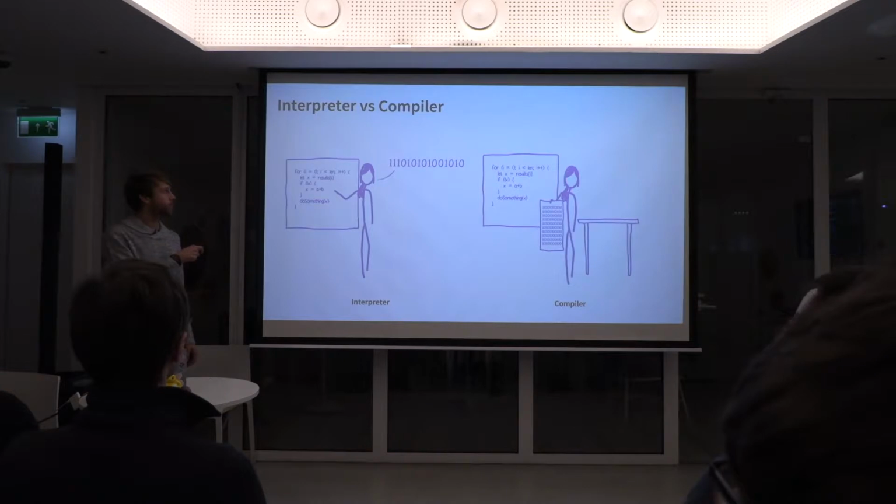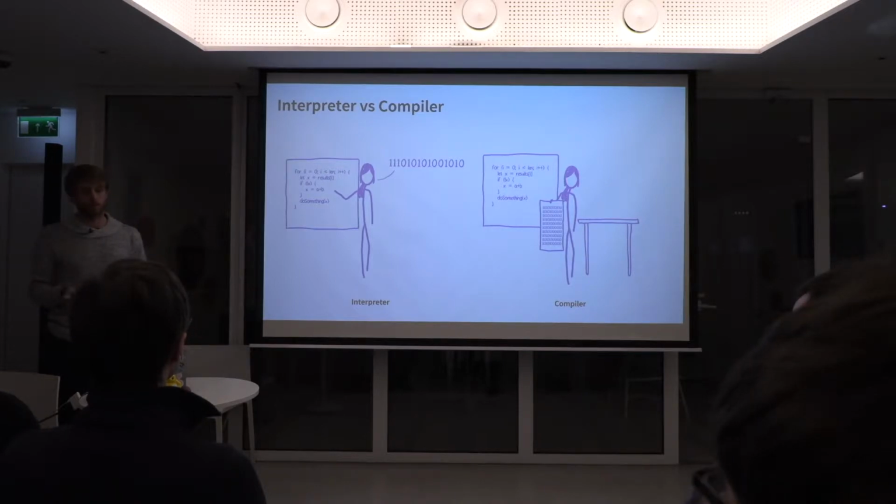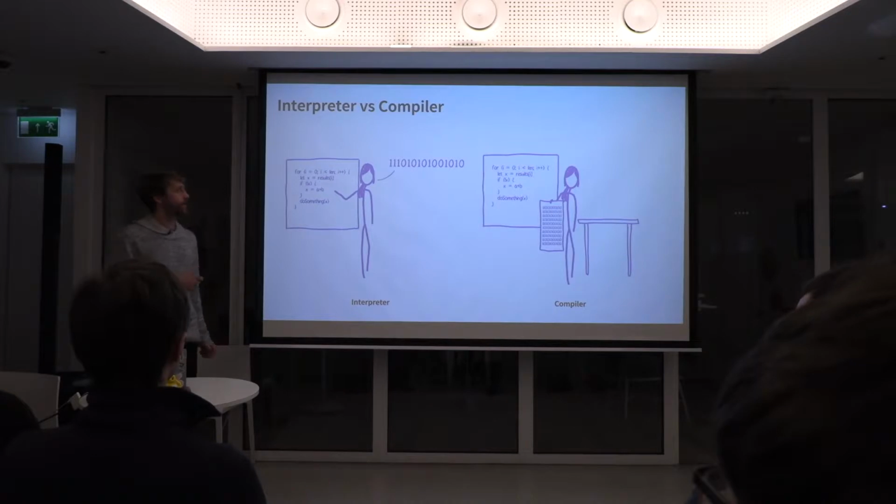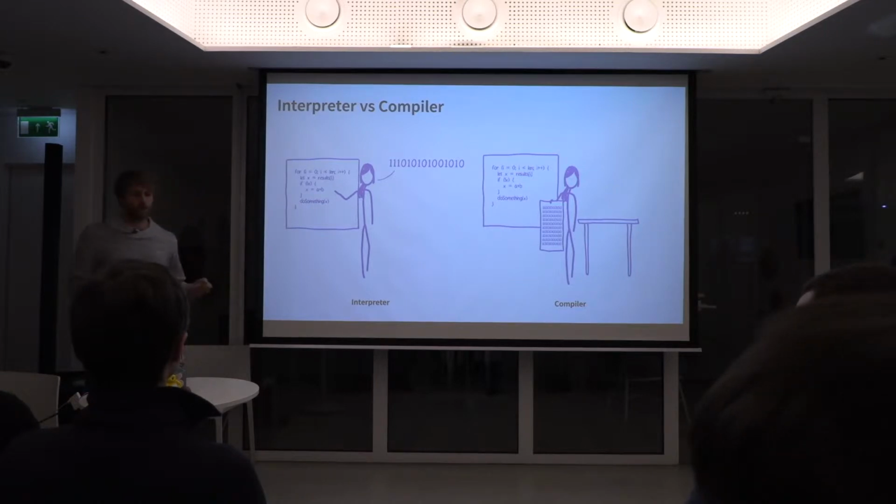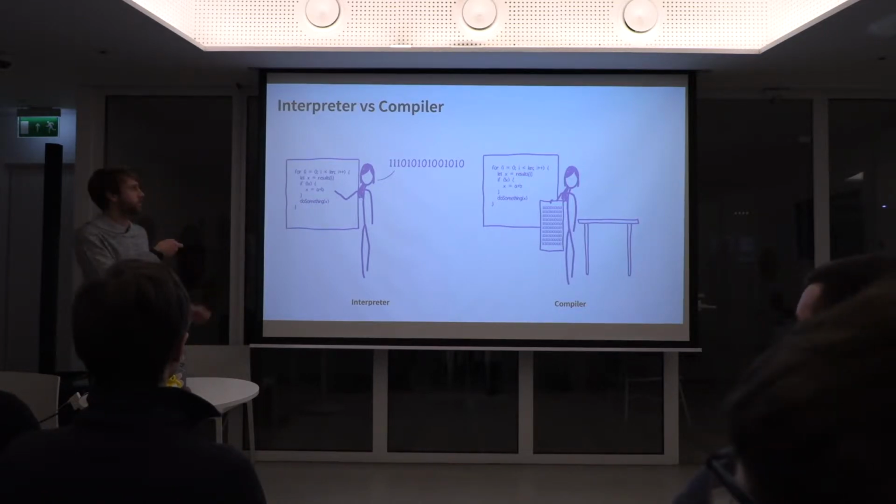It reads line by line and turns those lines into machine code that can be run on the processor. This process is very fast to start with. Let's say when you have the code, you only need to compile that one line in order to run it, and then you can move on to the next line.